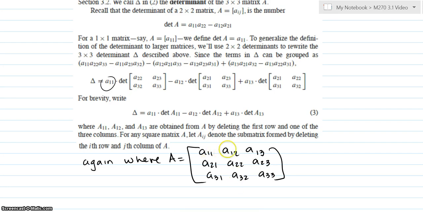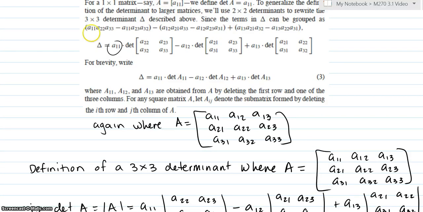And then if we take A12, and we cross and cross, you notice what's left is A21, A31, and A23, A33. And finally, you have an A13 there, and you cross the row and the column out of A13, what you have left is the determinant there. So it's a great easy way to remember a determinant of a 3 by 3.